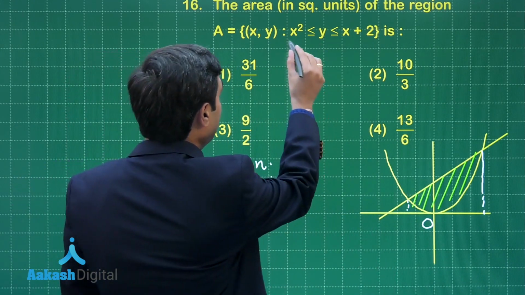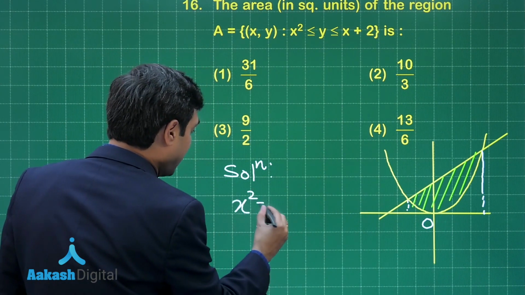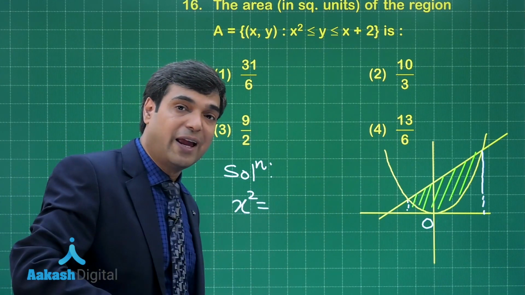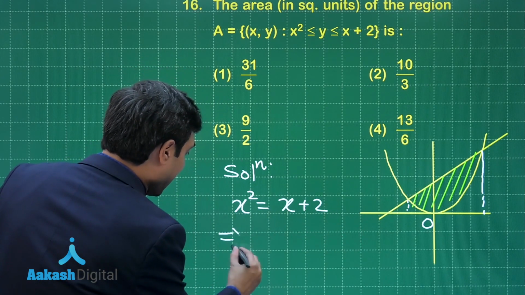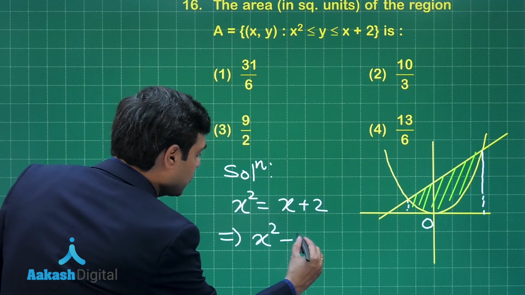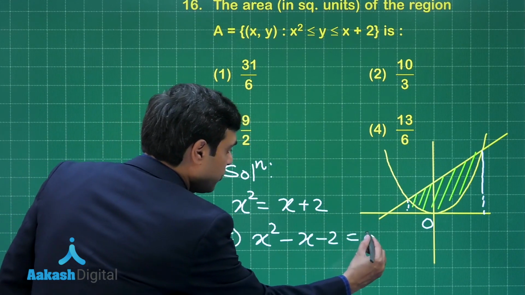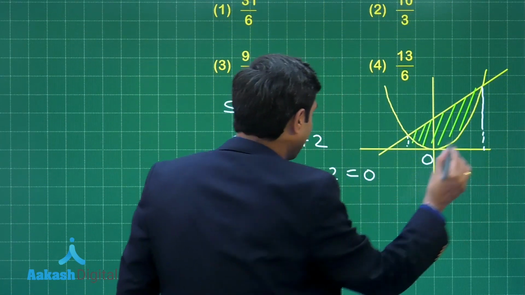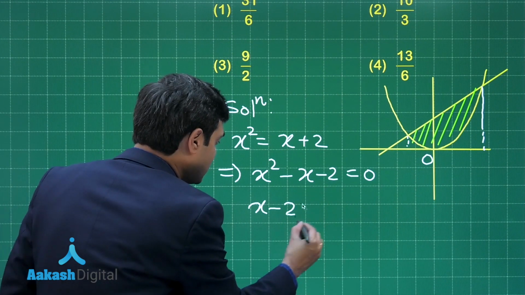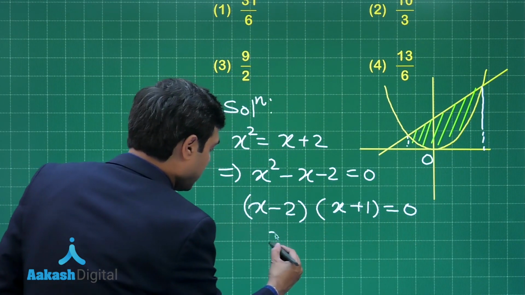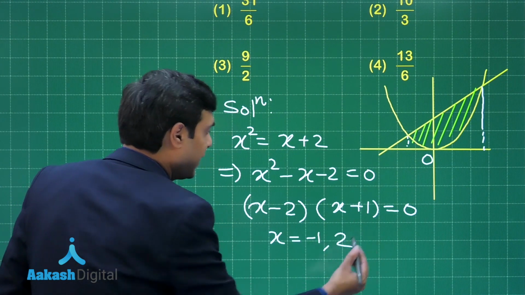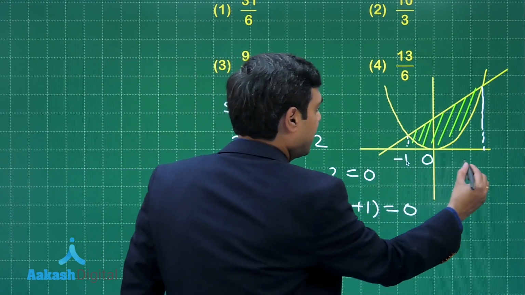Put in the parabola x² = y, substitute y as x + 2. Take it on the left hand side and factorize as x² − x − 2 = 0. So we can factorize as (x − 2)(x + 1) = 0. So the value for x is minus 1 and 2. So this is minus 1, this is 2.